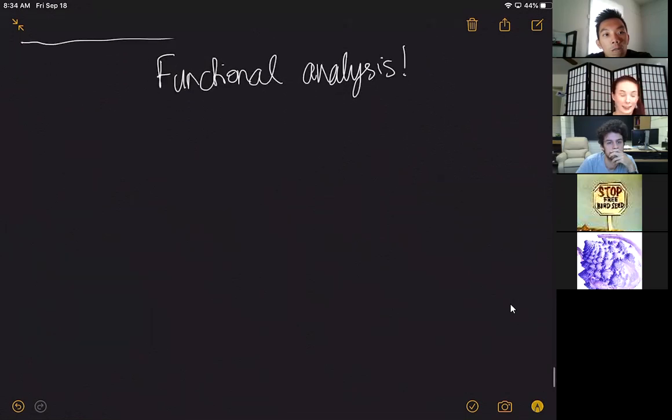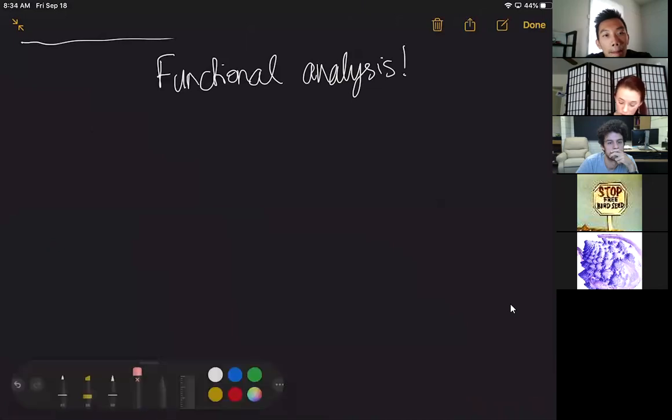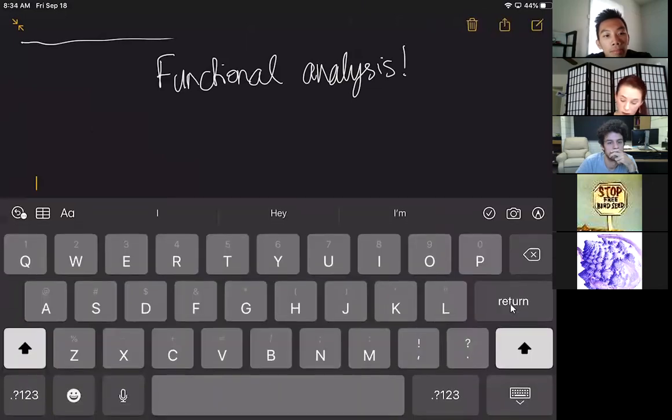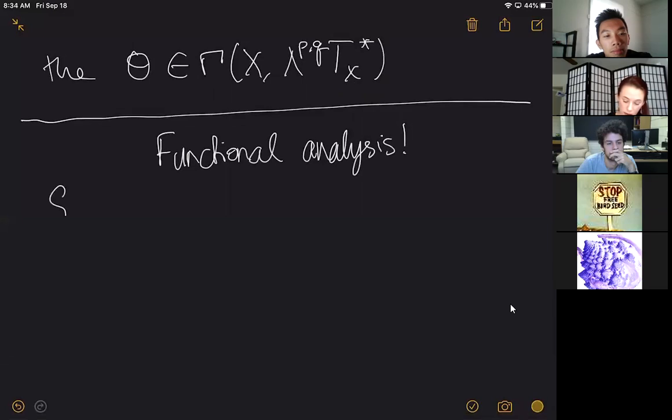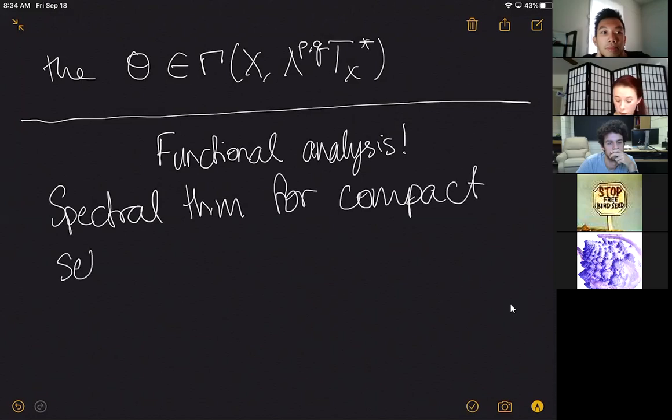This is our second after the Friedrichs construction. Okay, actually let me name the theorem first. So this is the spectral theorem for compact self-adjoint operators.